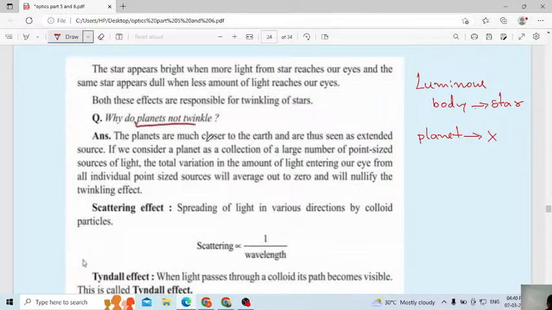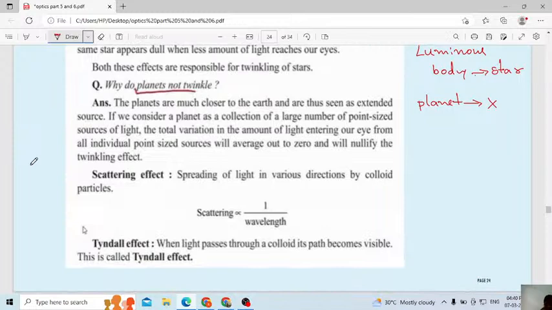The planets are much closer to the earth and thus seen as an extended source. If we consider a planet as a collection of a large number of point-size sources of light, the total variation in the amount of light entering our eye from all the individual point-size sources will average out to zero, nullifying the twinkling effect.